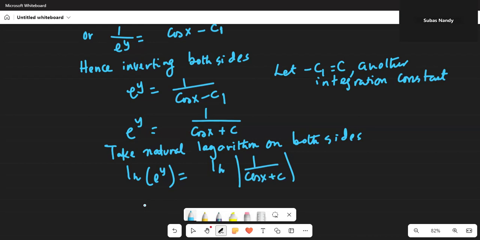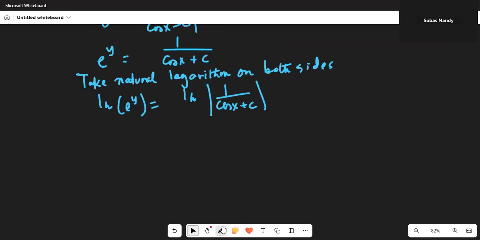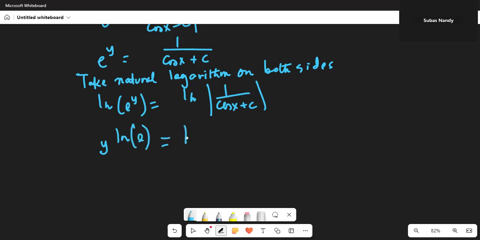When you take the logarithm, the exponent comes in the front, so this becomes y ln of e is equal to ln of the absolute value of cosine x plus c, and from the denominator, I bring it to the numerator, therefore it is raised to the power of minus 1.